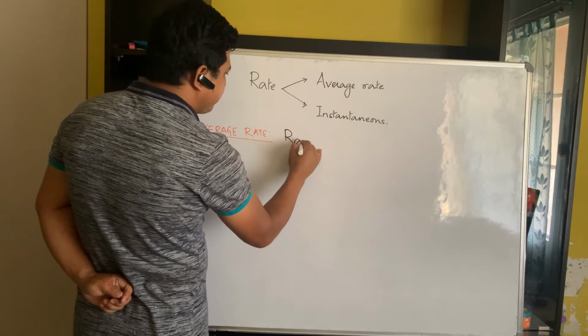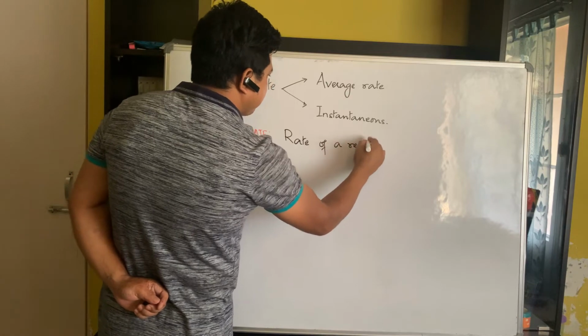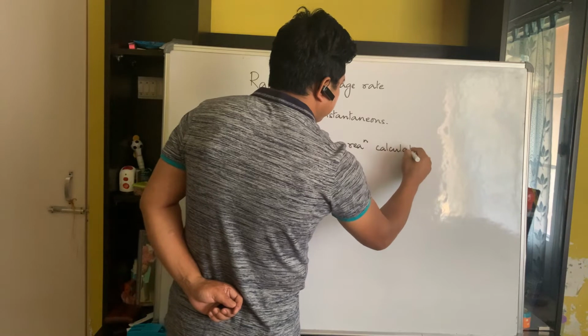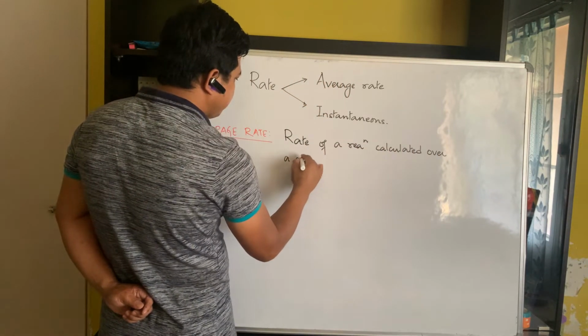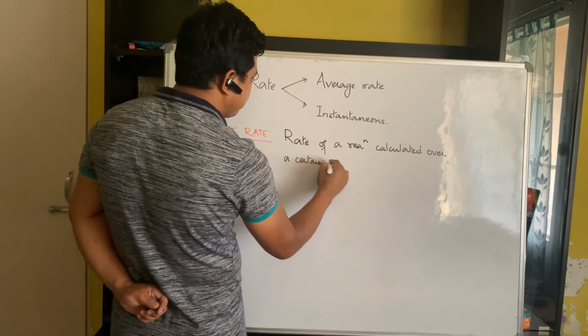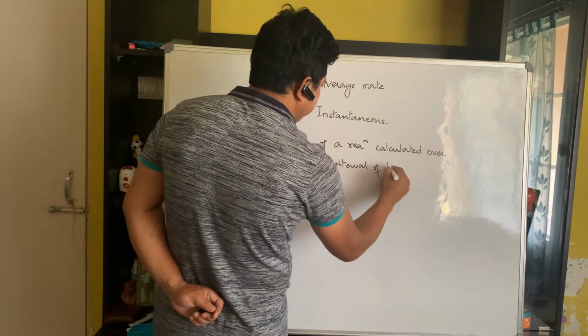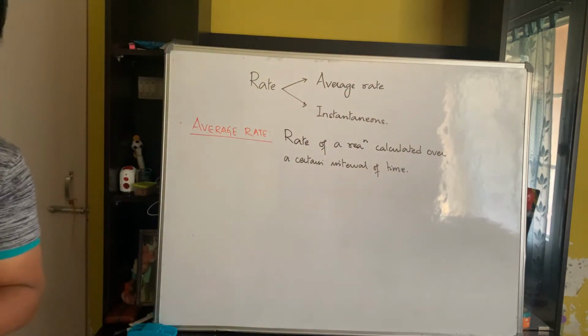Average rate of a reaction is defined as the rate of a reaction calculated over a certain interval of time. So average rate of a reaction means the rate of a reaction over a certain interval of time.